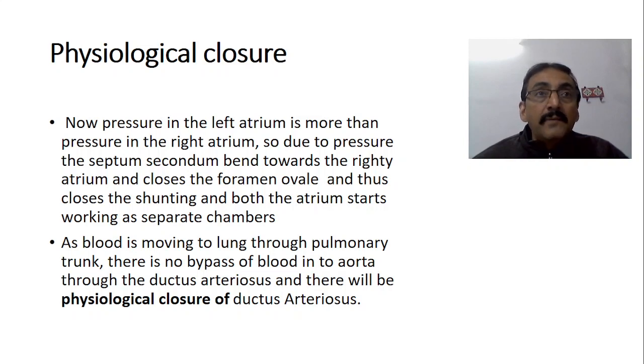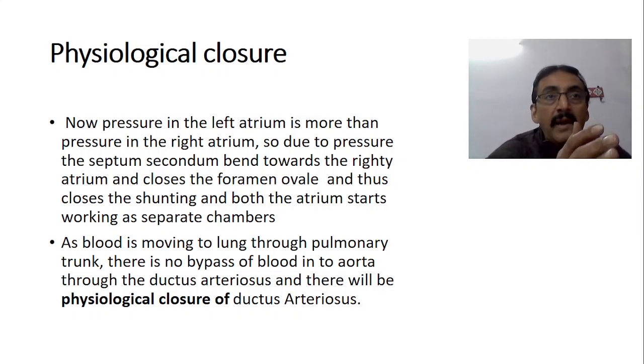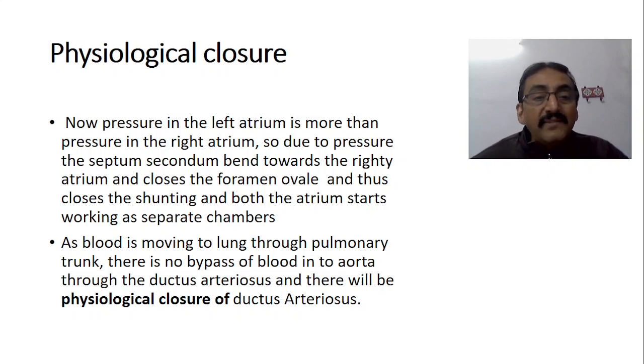Now the ostium secundum, a saucer or cup-shaped structure, gets closed because of the increased pressure in the left atrium, and as a result the foramen ovale closes. So the two chambers are separated and there is no mixing of blood. Blood moves to the lung through the pulmonary trunk, and there is no bypass of blood to the aorta through the ductus arteriosus either, as there will be physiological closure of the ductus arteriosus. Previously blood was not able to reach the lung because of the high resistance. Now it is not the case.